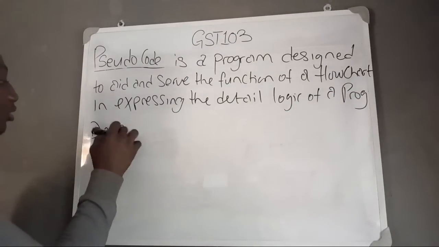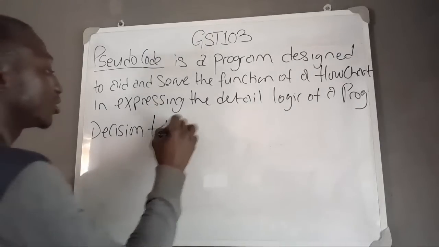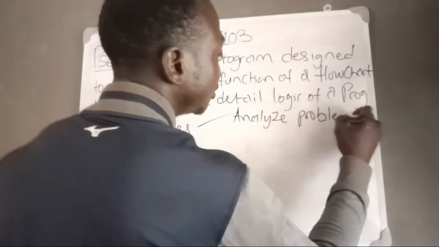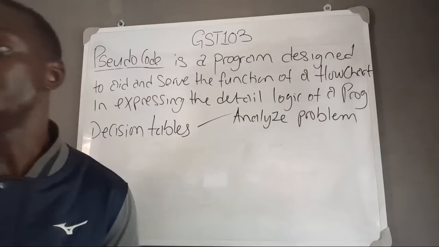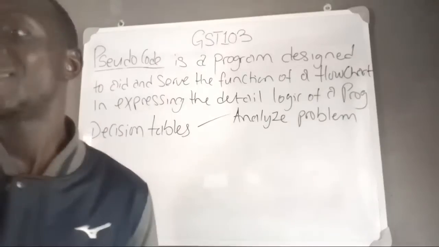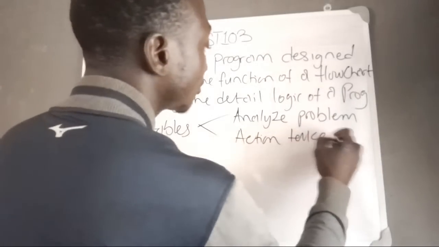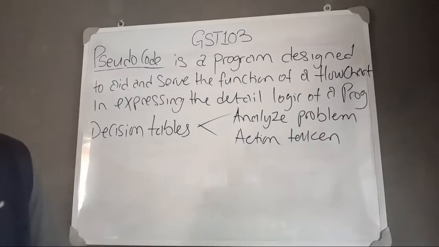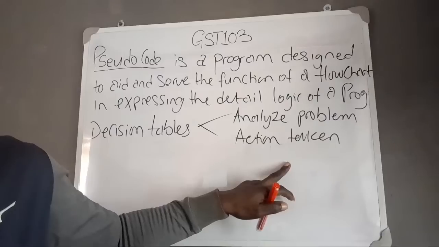It also shows the conditions applying in the problem and sets out the action to be taken. It does not only analyze the problem, it also shows the process of action implementation. So that's that for decision table.